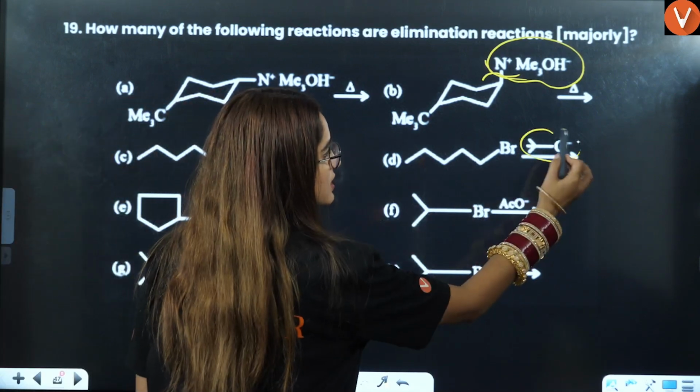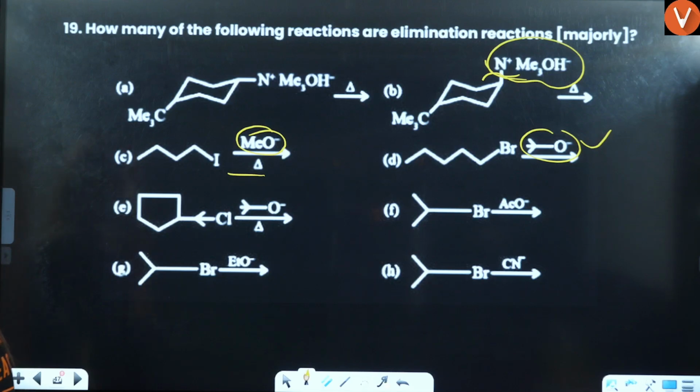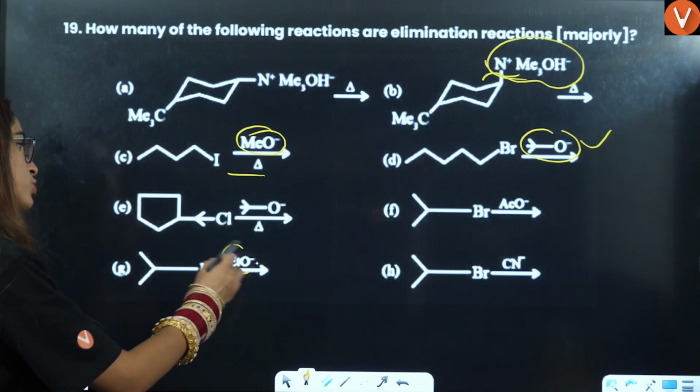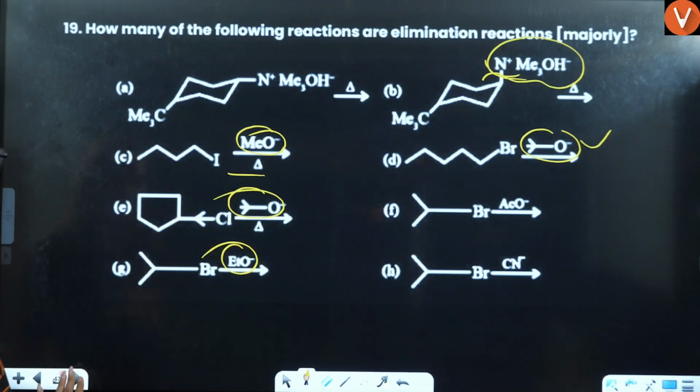This is a heavy base, it will show elimination. This will also show elimination reaction. A, B, C, this will show. Then this will not show. EtO will also show the elimination reaction. This also will show the elimination reaction.